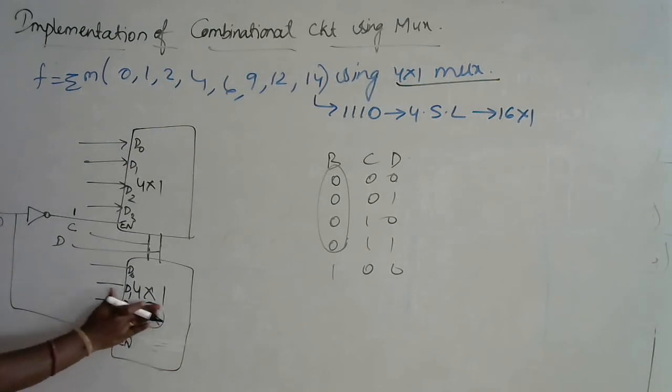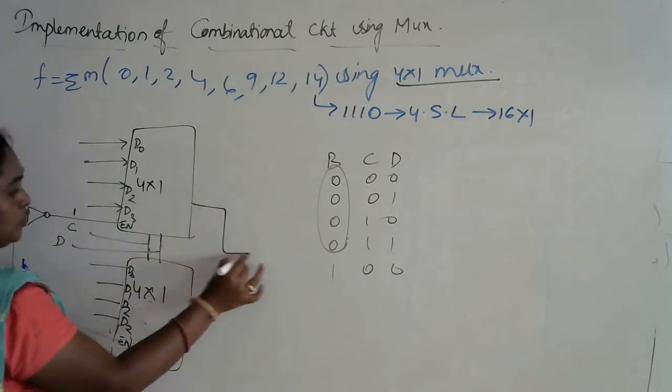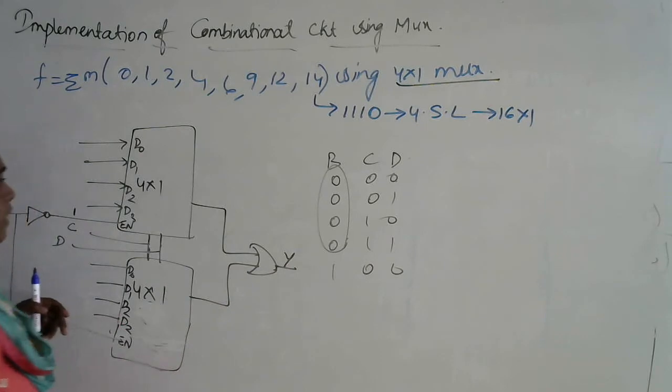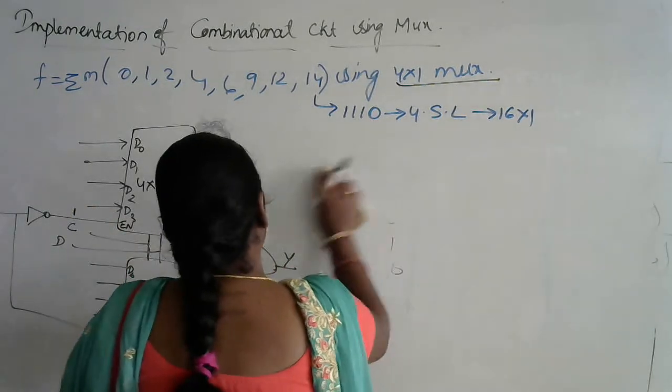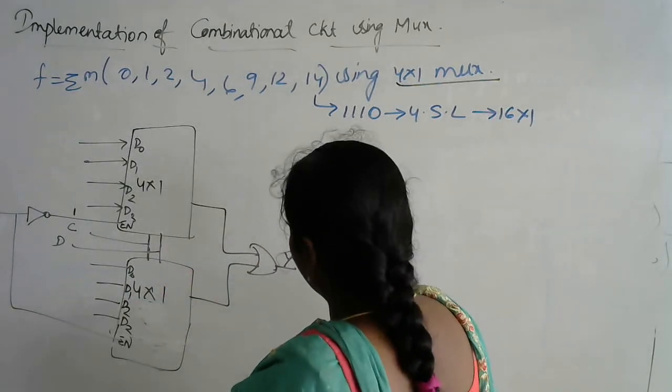That is the reason I am connecting in this way. So when B is 0, the first will be enabled, when B is 1, the second will be enabled. And these two outputs should be connected to the OR gate, giving a single output. This is the cascading operation which we have already discussed in the previous session also.